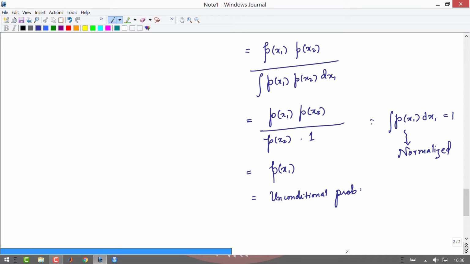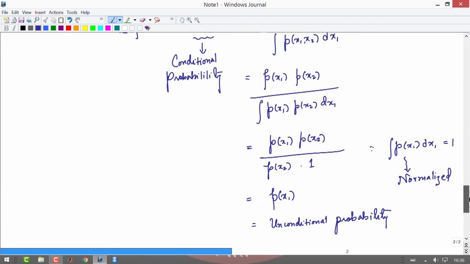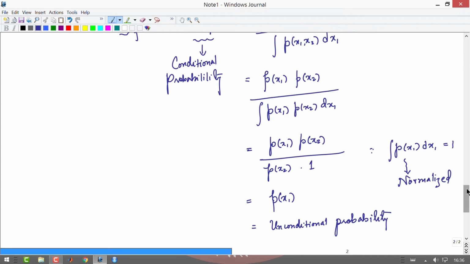and if you look at the left hand side, what you have is basically a conditional probability. So if you look at this derivation, what you have ended up proving is that if the random variables are uncorrelated, the conditional probability density becomes the same as the unconditional probability density.